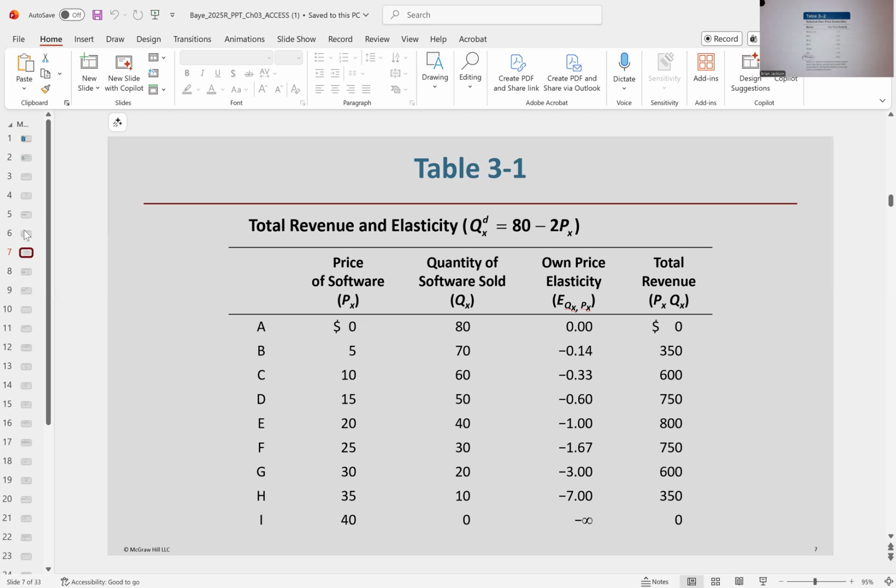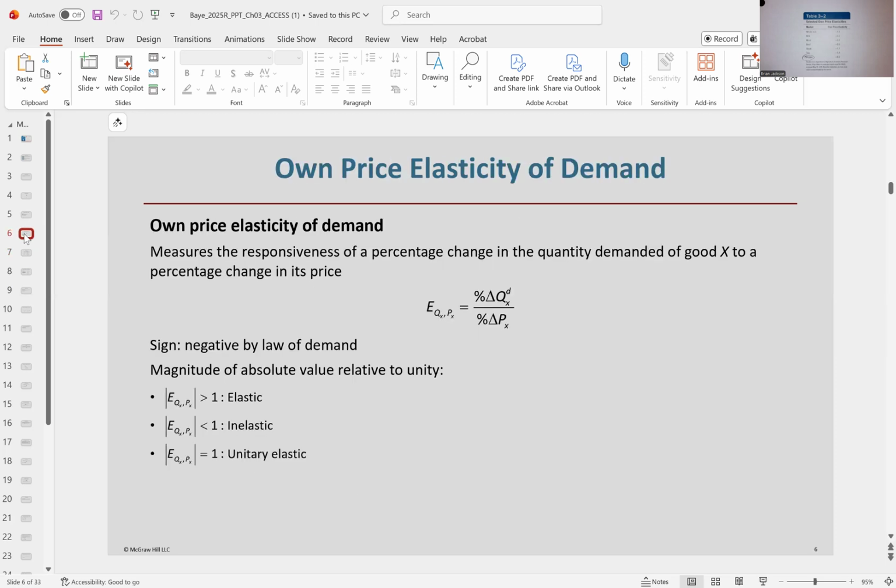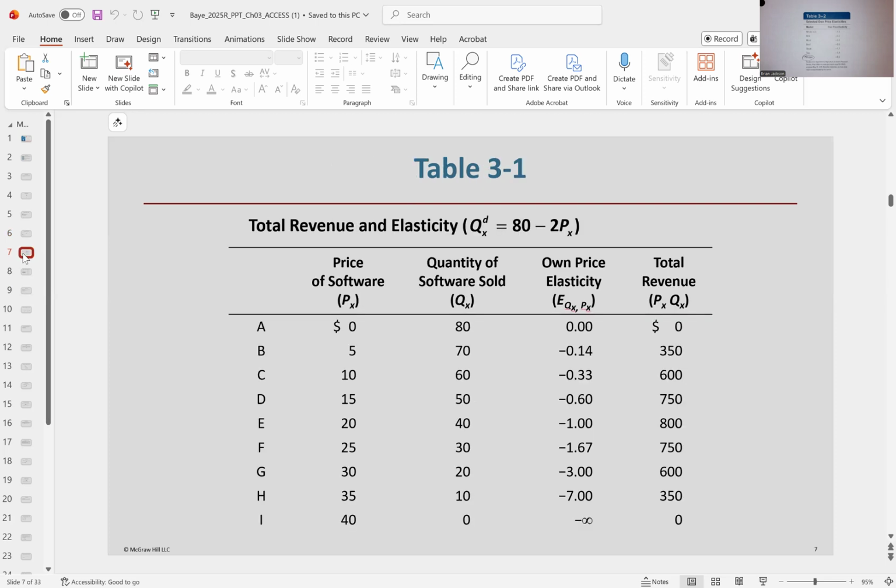anyway, let's go back to the slides here. This again is the formula that should look familiar to you for price elasticity of demand from your principles level course. It's the percent change in the quantity demanded of X divided by the percent change in the price.